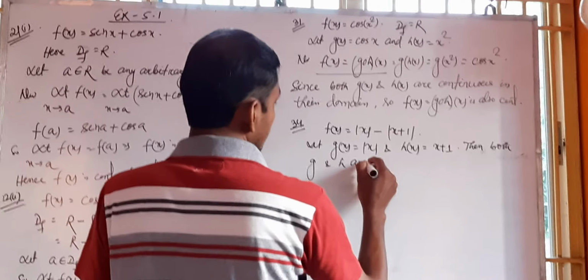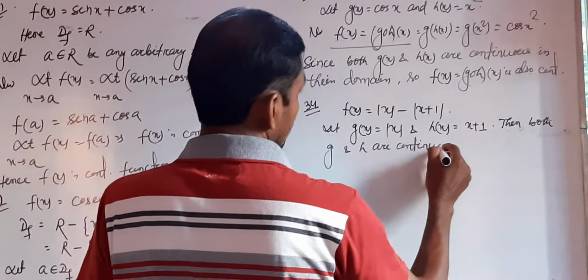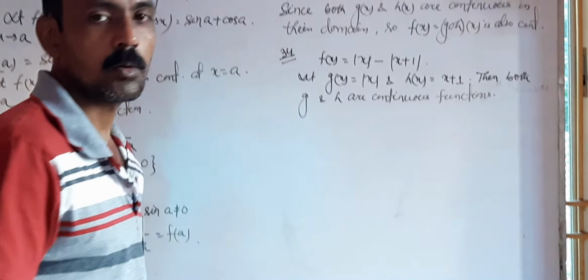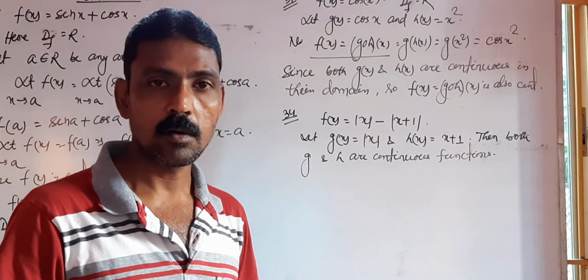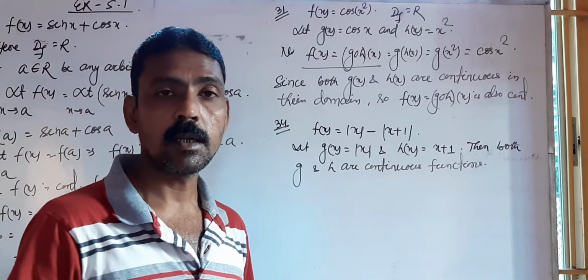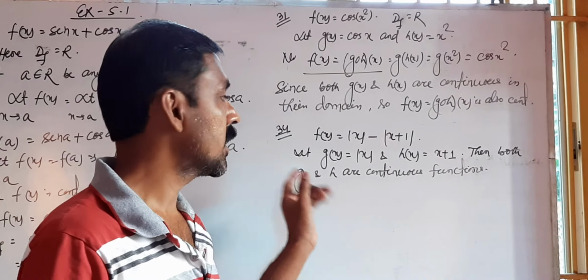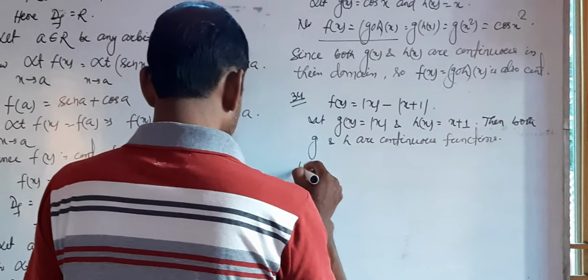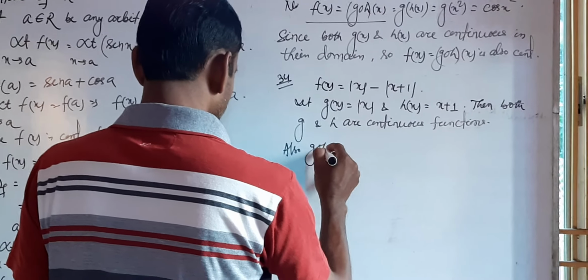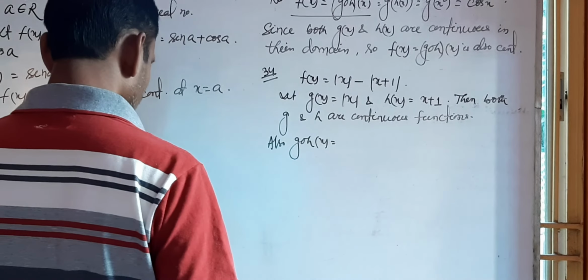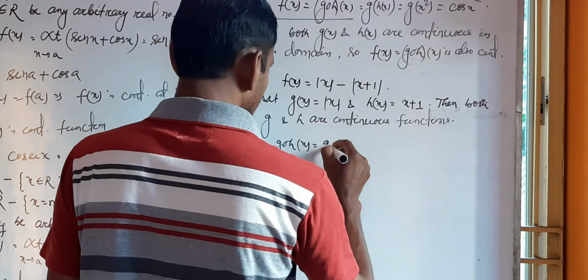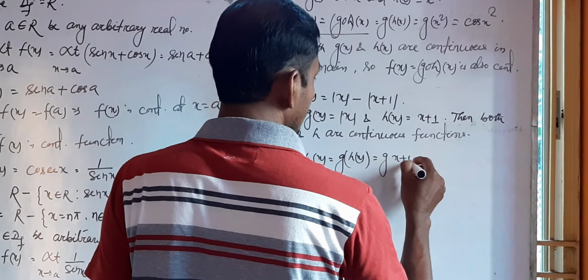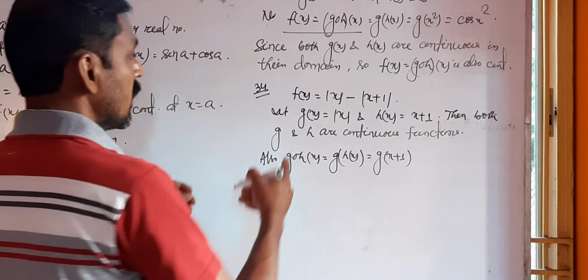g and h are continuous functions, because g is an absolute value function, it is continuous, and x plus 1 is a polynomial, so both are continuous, meaning their composition will also be continuous. Also g of h of x: what is h of x? x plus 1. g of x is mod x.